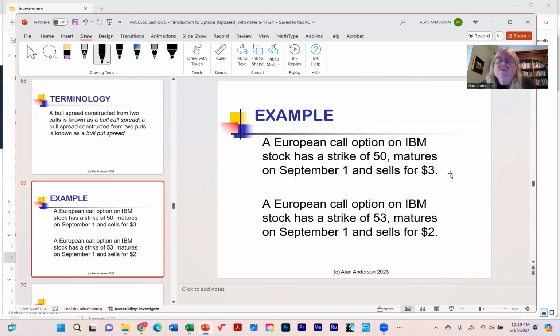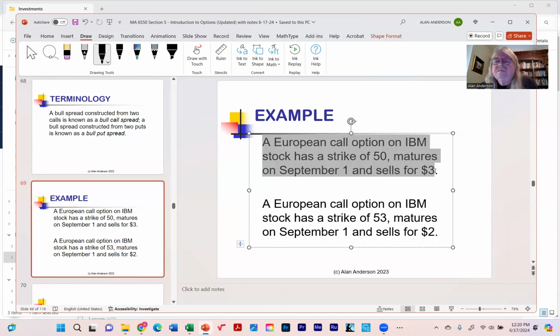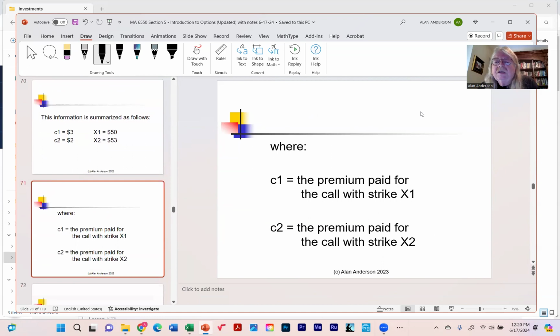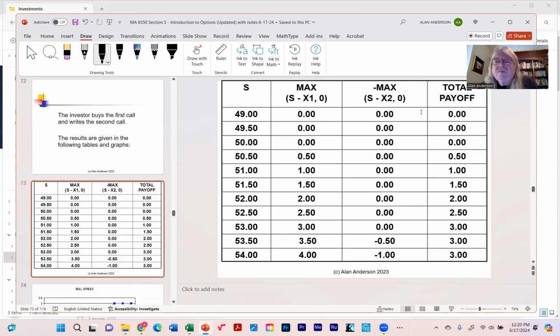The second one is cheaper because the price of IBM has to go above 53 before we get a positive payoff. So naturally, this call is cheaper than this one. All right, so what we're going to do is put them together. First, these are the payoffs. I've got the 50 strike call, where X1 is the strike of 50.